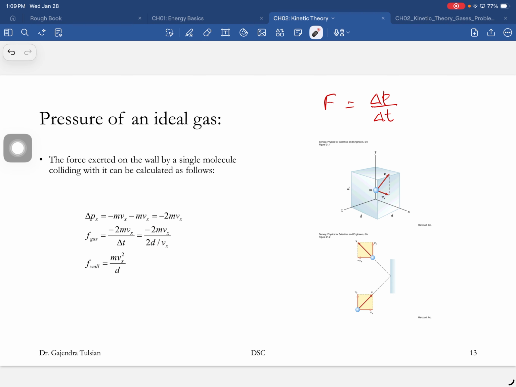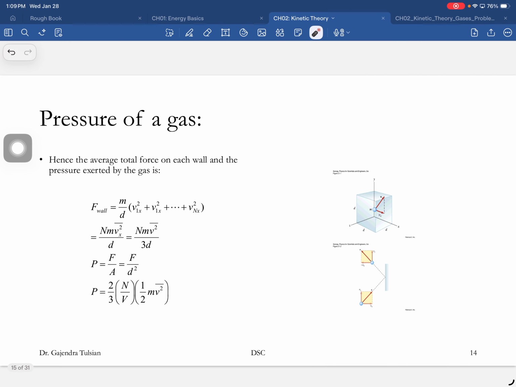It's going at equal speeds in all directions, so we'll just take the average. N is the number of gas molecules, m divided by d, and the average x component of the velocity squared of each molecule. Since it doesn't prefer any direction, it's 1/3 of the average speed squared.